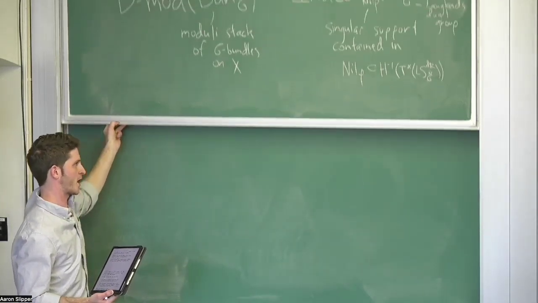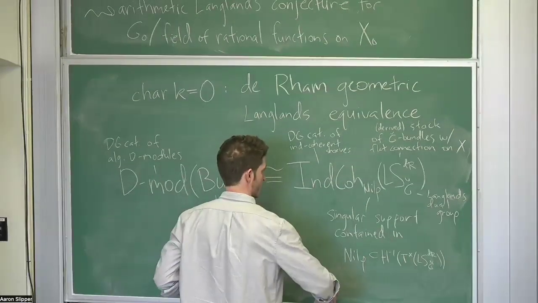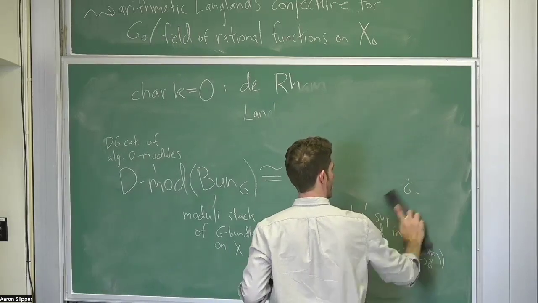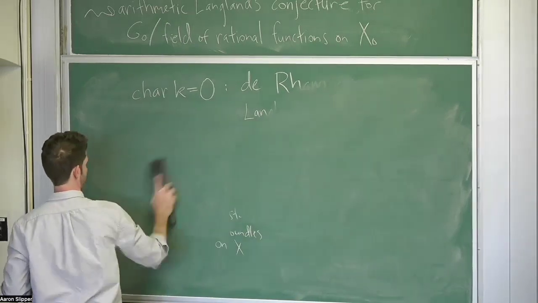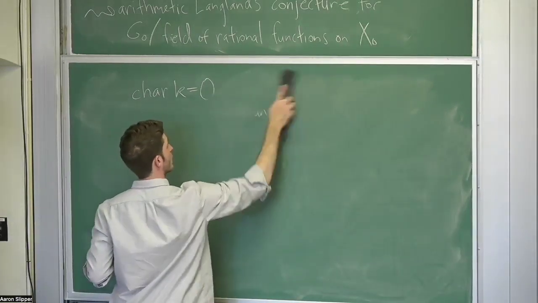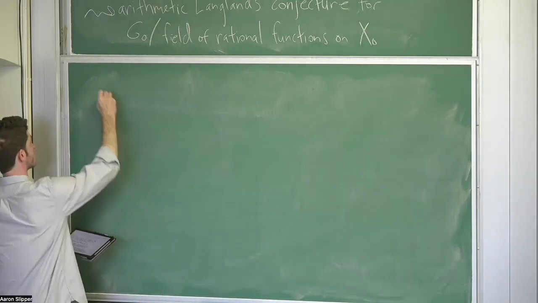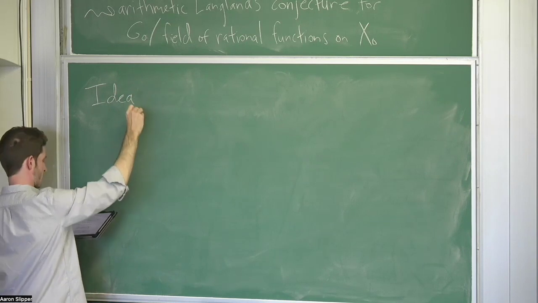And this is really inspired by the earliest work on the geometric Langlands program by Drinfeld, where he used exactly this idea to construct the first examples of automorphic sheaves, and then automorphic forms by taking trace of Frobenius.